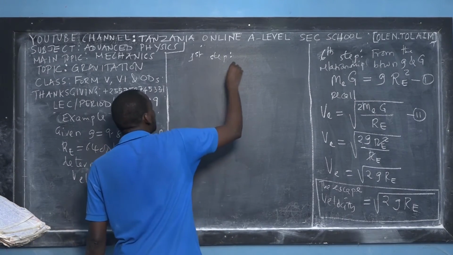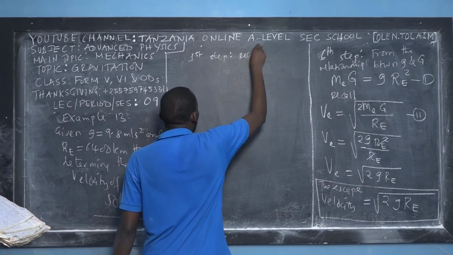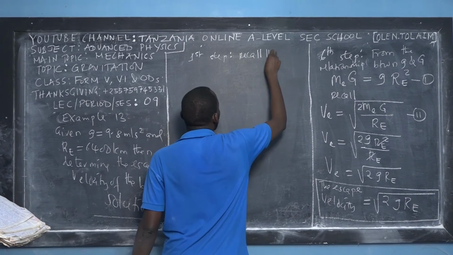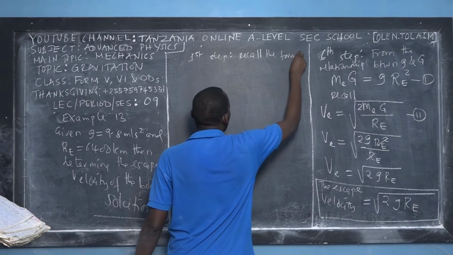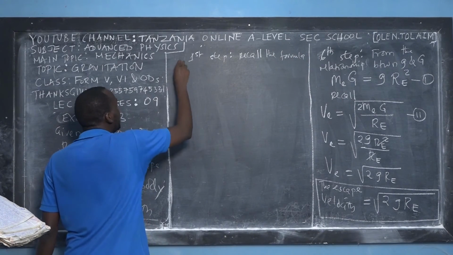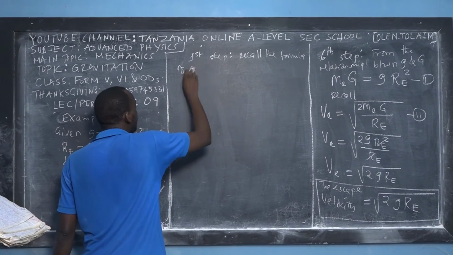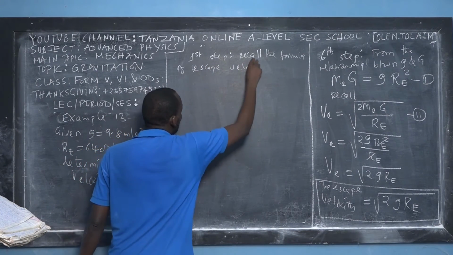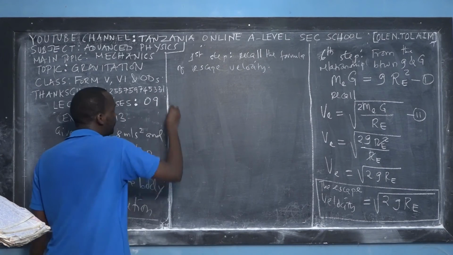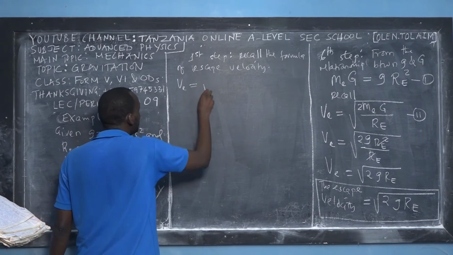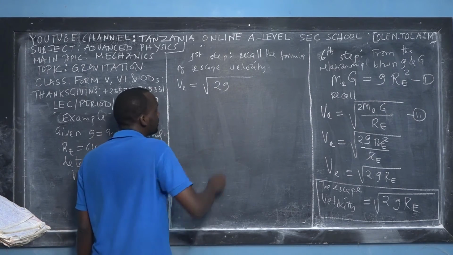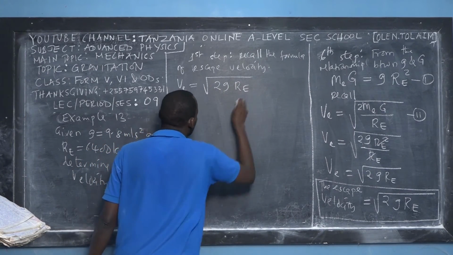Okay, the first step, we say that you have to recall the formula. I recall it because I told you how to derive it. The simplest and famous formula of escape velocity states that the escape velocity is equal to the square root of twice g times the radius of the Earth.